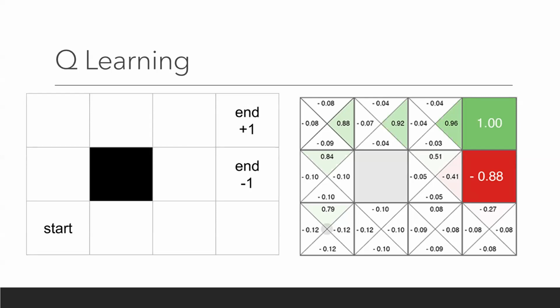Then right, and then right, and we can achieve the positive end of 1, which is the task we set by creating this particular environment. I hope everyone is clear about it until now.